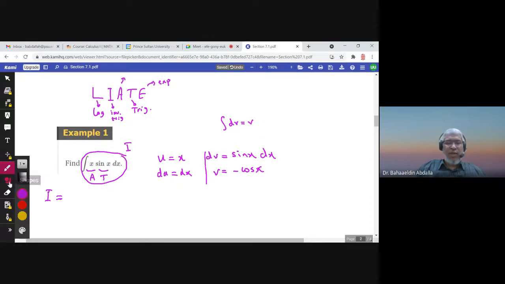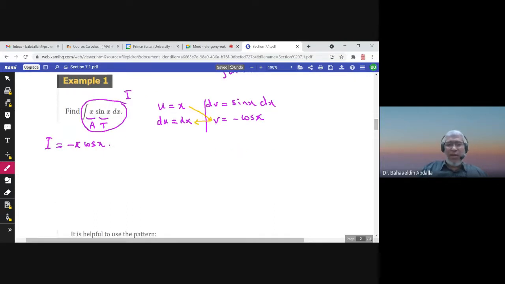If you use this way of writing, you need to multiply this by this: u times v, or x times negative cosine, so I will write negative x cosine x. And then minus this times this, v du. I have negative cosine x dx, so the integral, of course, of negative cosine x dx.